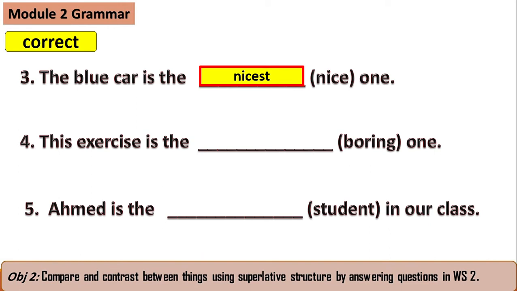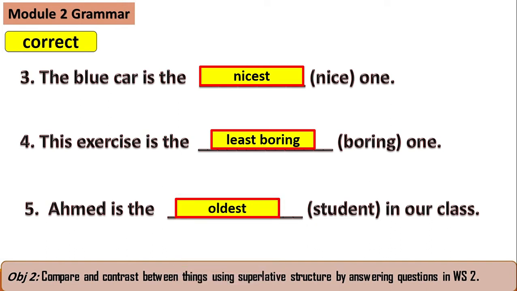The blue car is the nicest one. 2. This exercise is the least boring one or the most boring one. Ahmed is the oldest student in our class. You can say Ahmed is the tallest, the cleverest, as you like. Okay?